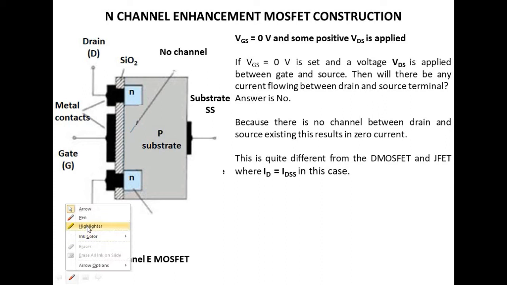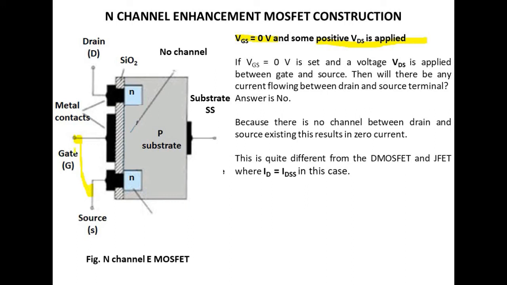Let us take the first case, when we apply VGS equals 0 volt and some positive VDS. If we set VGS equals 0, meaning we directly connect this gate to this source, then VGS is 0 volt and a voltage VDS is applied between drain and source.